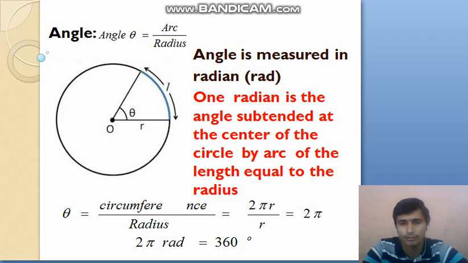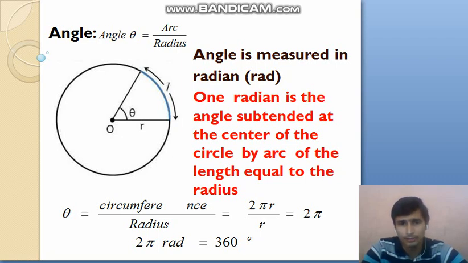The circumference of the circle is given by 2 pi r. So angle theta is equal to circumference divided by radius, which is 2 pi r divided by r, equal to 2 pi.